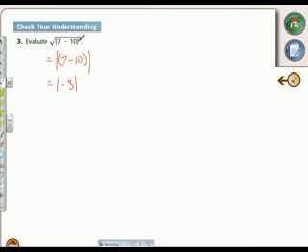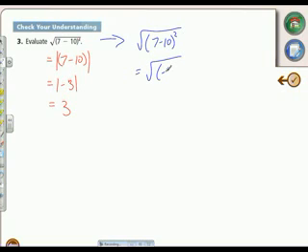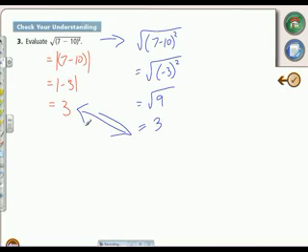But because I would have been squaring this number, I need the absolute value. Without using the absolute value, it would look like this: 7 minus 10 is negative 3 squared. Negative 3 squared is 9. The square root of 9 is 3 as well. Same answer. Just showing you another application of using the absolute value.